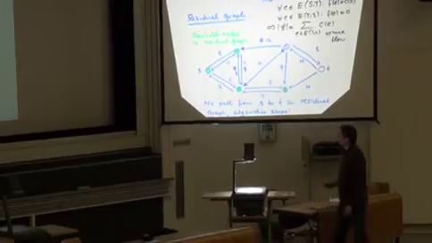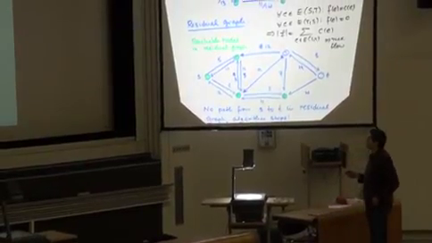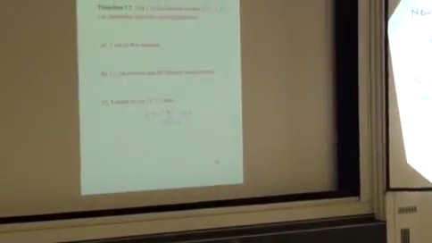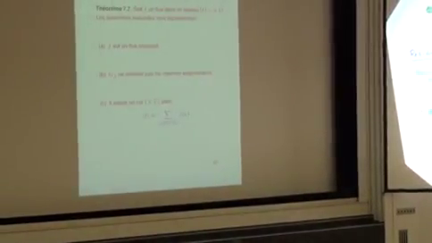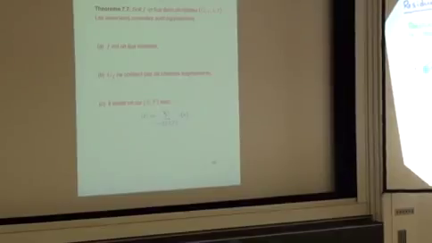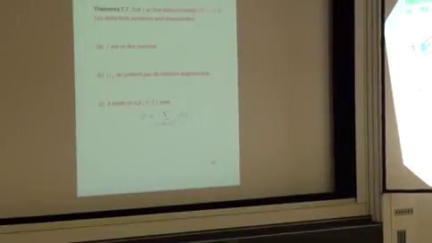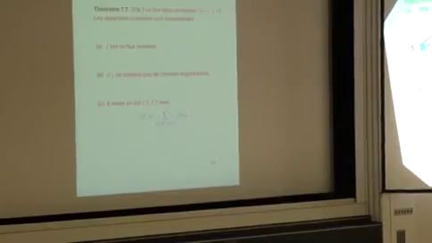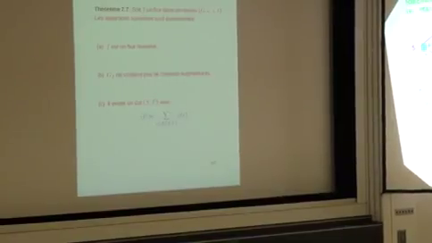So here is the theorem that goes with it. I just showed you this theorem in a very particular case. The theorem says that if you have a flow in such a network, then the following are equivalent. You have a maximal flow, and the residual graph does not have an f-augmenting path.